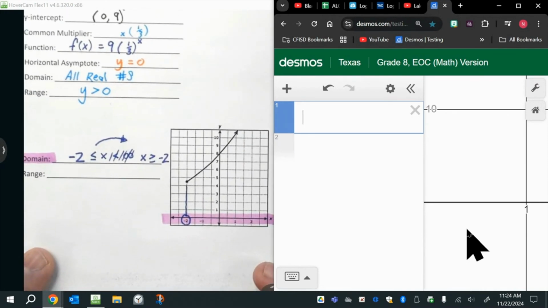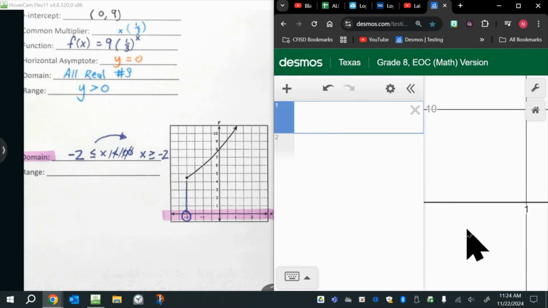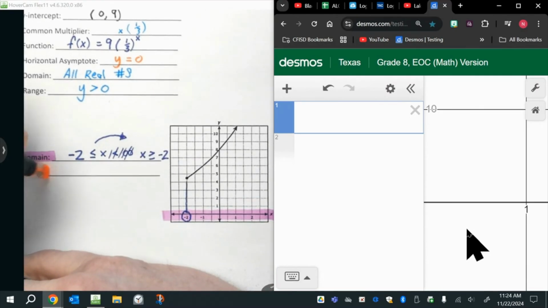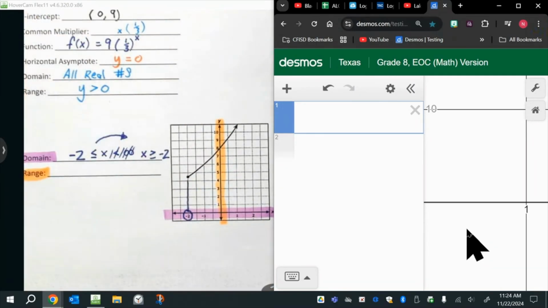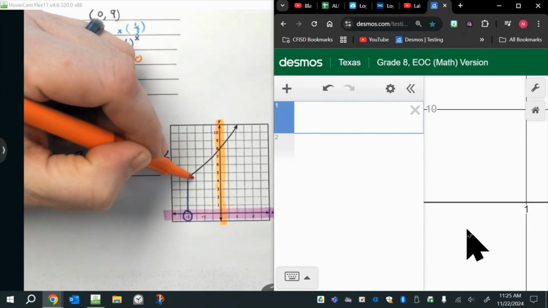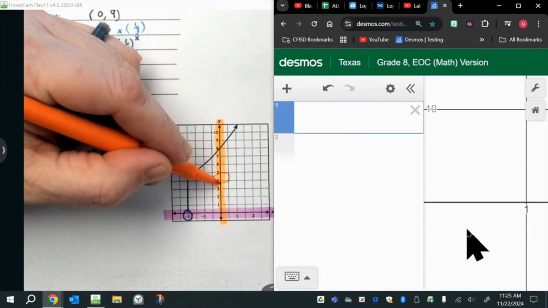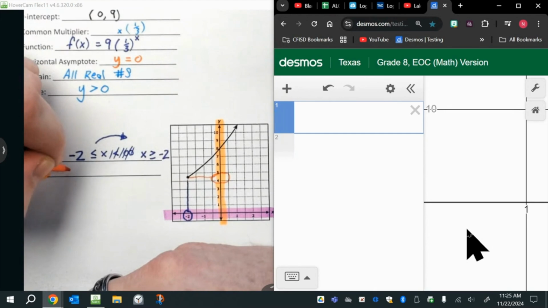All right, and my range. What is my range? Well, I'm going to do the same thing, except now I'm going to look at the y values. And again, we start from the lowest. What is the lowest that the line goes? The lowest that the line goes looks to be about, if I were to take this back over here, that looks to be about 4.5.